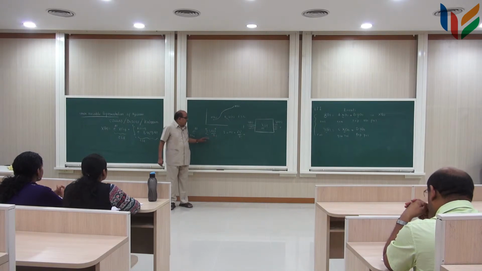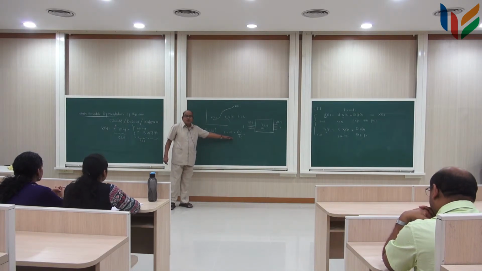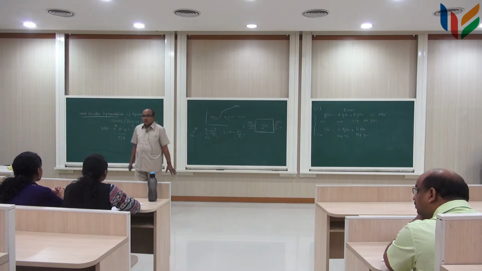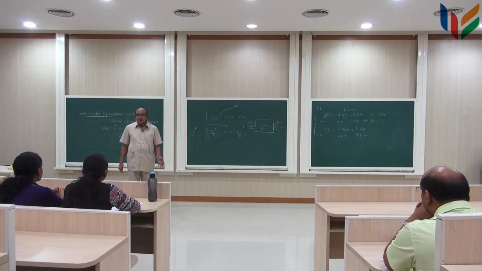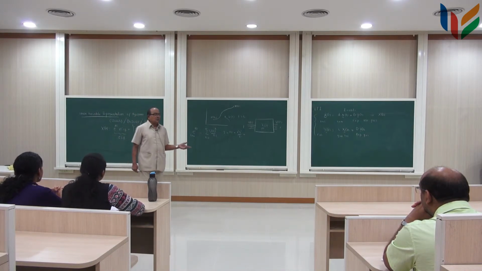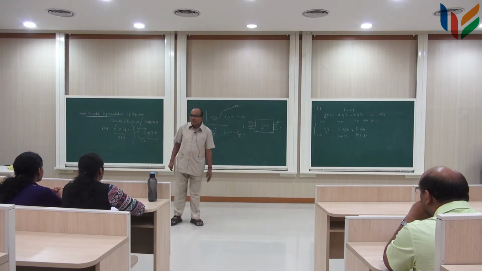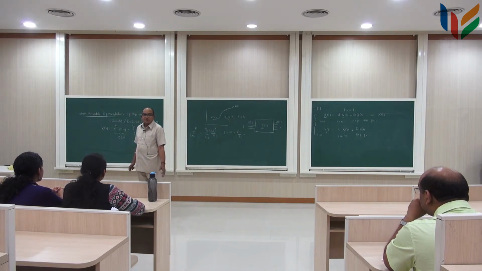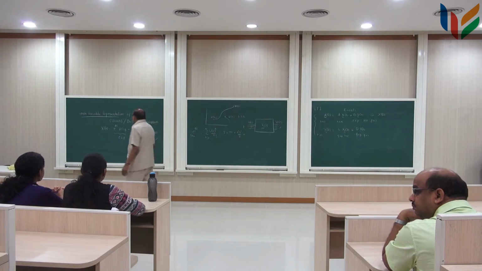We said one blind method is to do this expansion and add them up. The other method was to use the Cayley-Hamilton theorem. By using that, we can simplify this and find e to the power of at in a very simple manner, using the eigenvalues of the matrix A. Remember all this or not? I am sure you remember.